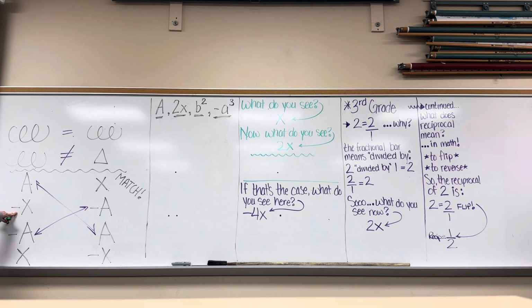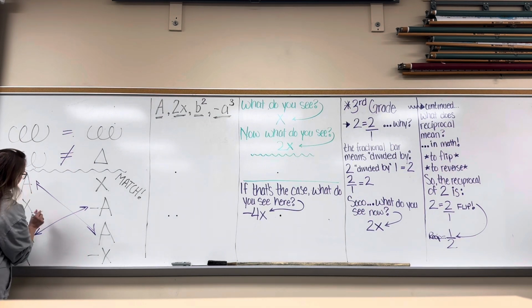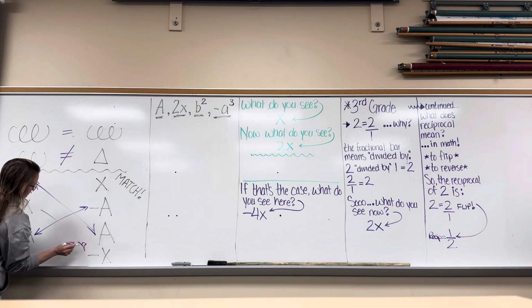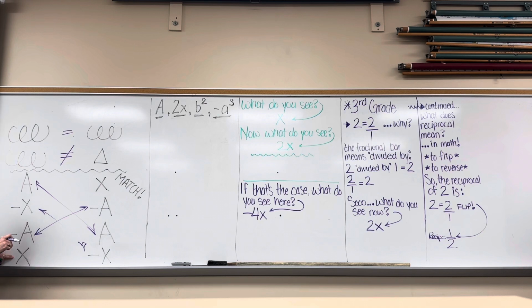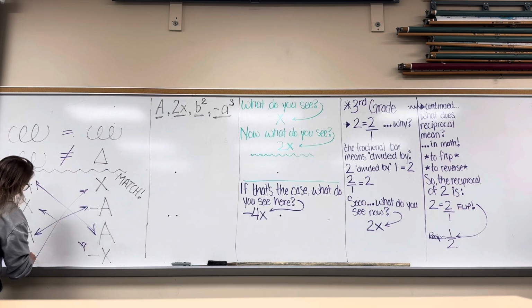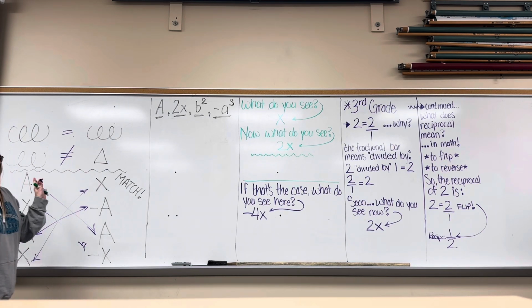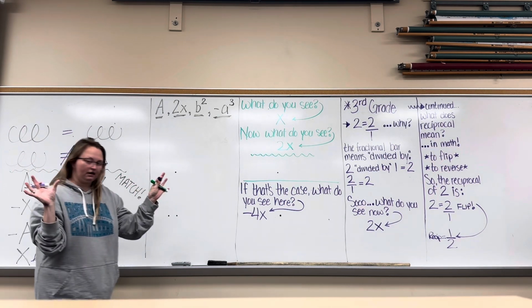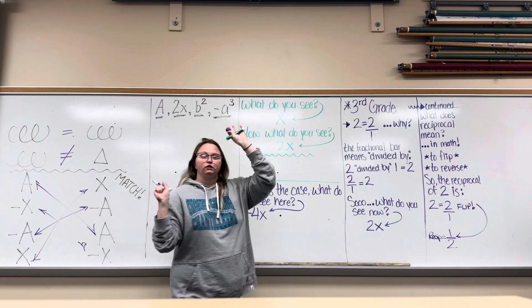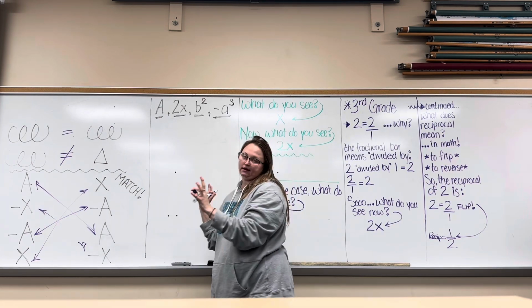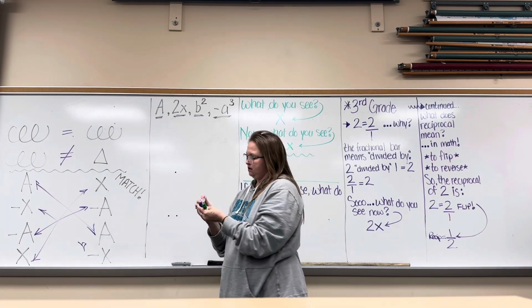Negative X looks like this negative X, so they match. This X looks like this X, so they match. This is all very obvious kind of stuff, but now we're going to talk about why that matters.